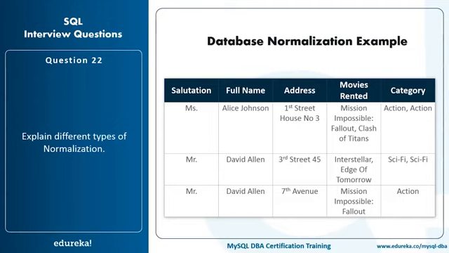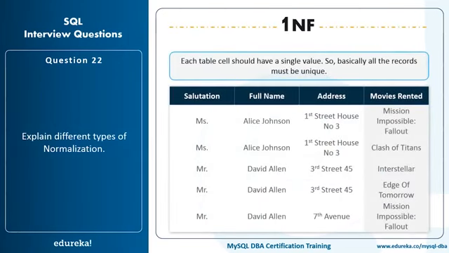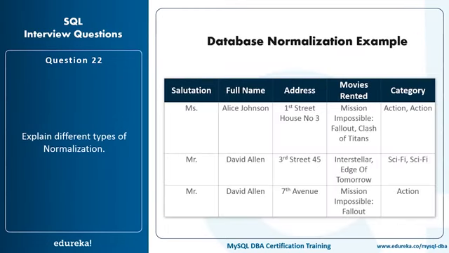Now to apply normalization to this particular table, you first have to apply the 1NF, that is the first normal form. For a table to be in 1NF, you need to make sure that each table cell has a single value. So basically all the records must be unique. As you saw in this particular table, we had redundant values in the same record, right? So we're going to have each cell with a unique value.